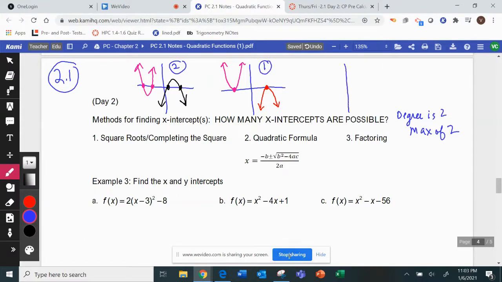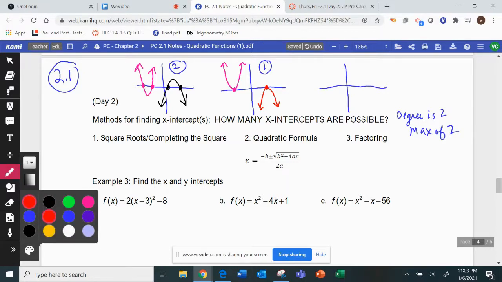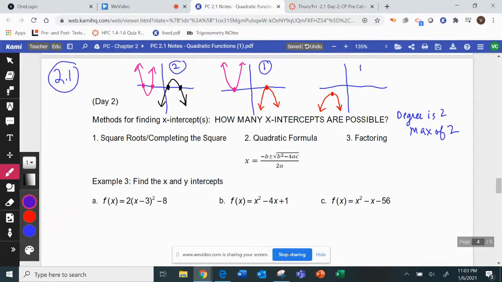And then there is a third scenario where we have a parabola that maybe opens down, but the vertex is below the x-axis. Or maybe we have a parabola that opens up and the vertex is above the x-axis. In this case, we would have 0 solutions, or 0 x-intercepts.